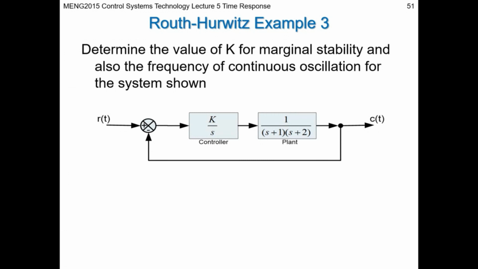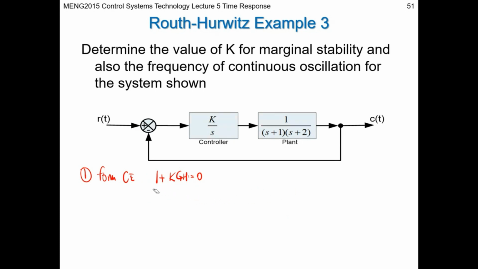So the first thing you always have to do when you're using Routh-Hurwitz is to form the characteristic equation, and so we're going to do that now. The characteristic equation is 1 plus kGH equals 0, and this, of course, is the denominator of the closed loop transfer function, right?